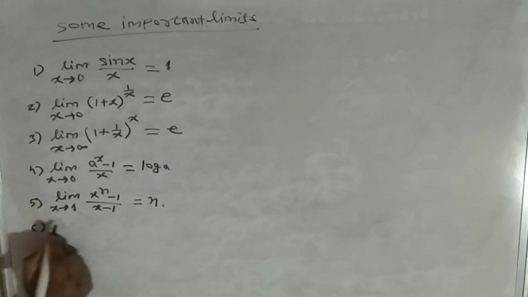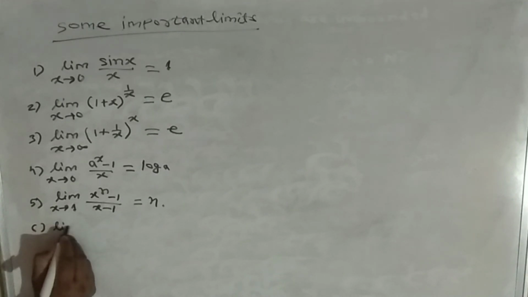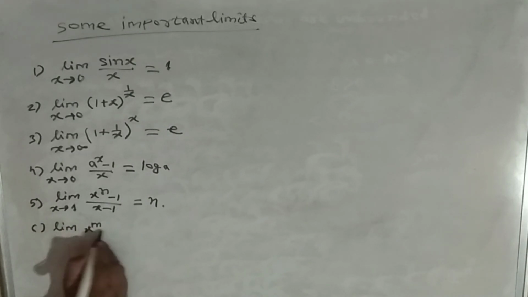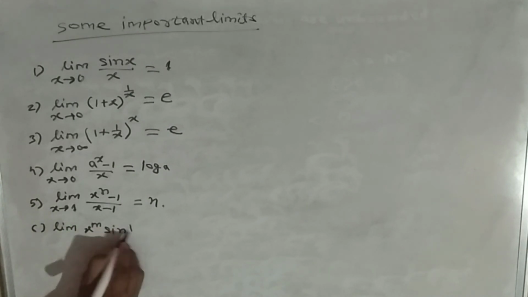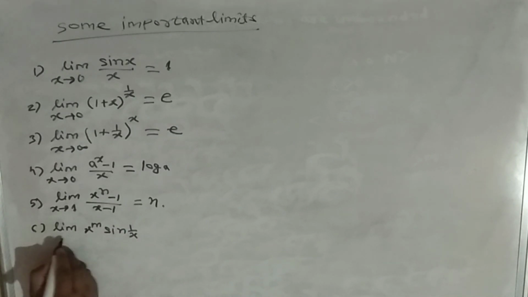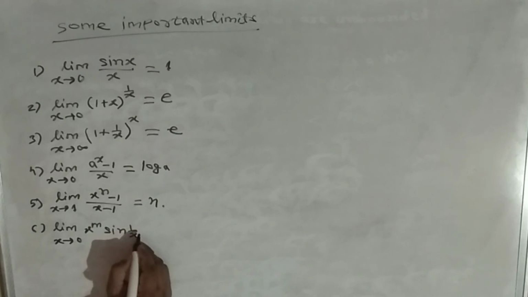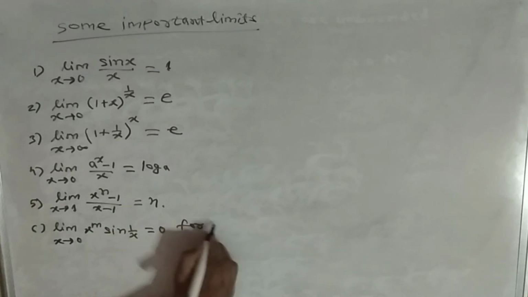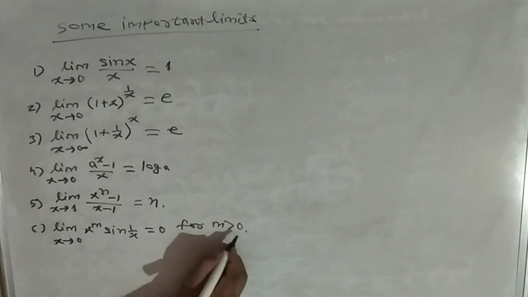Number 6, the limit of the function x to the power m sin 1 upon x as x tends to 0 is equal to 0 for m greater than 0.